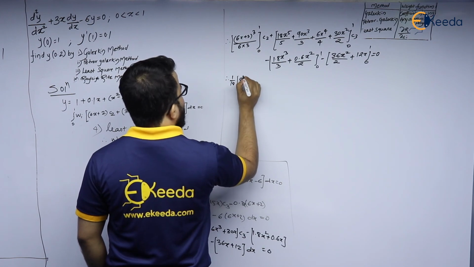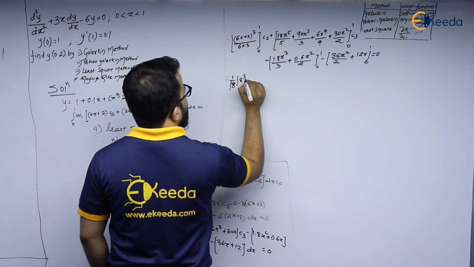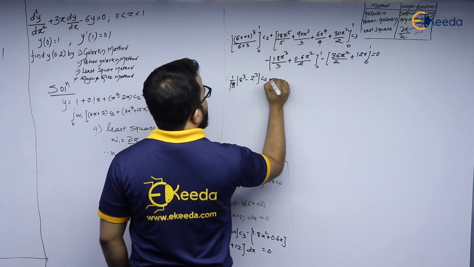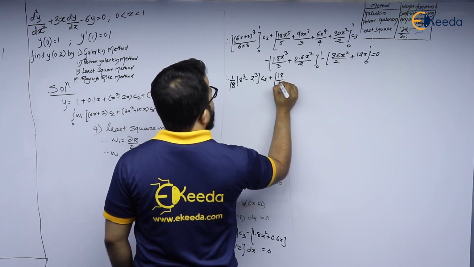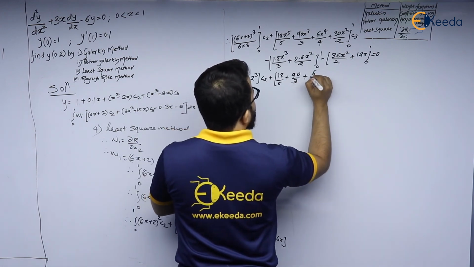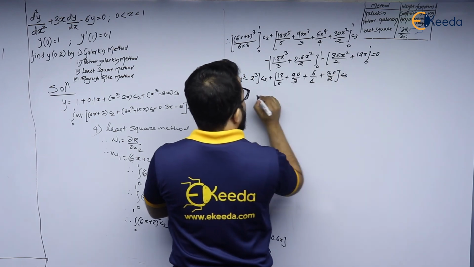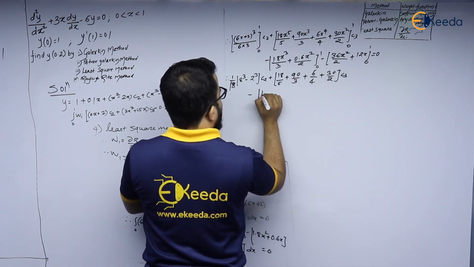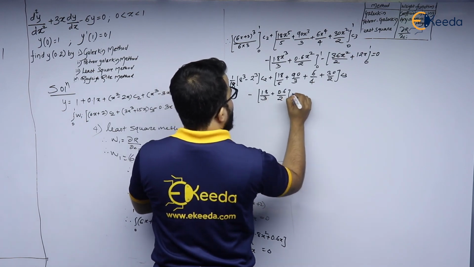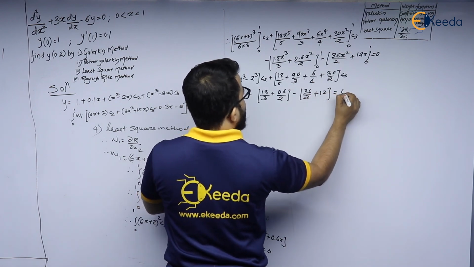So this becomes 18, 8^3 minus 2^3, C2 plus 18 by 5 plus 90 by 3 plus 6 by 4 plus 30 by 2 into C3, minus 1.8 by 3 plus 0.6 by 2, minus 36 by 2 plus 12 is equal to 0.